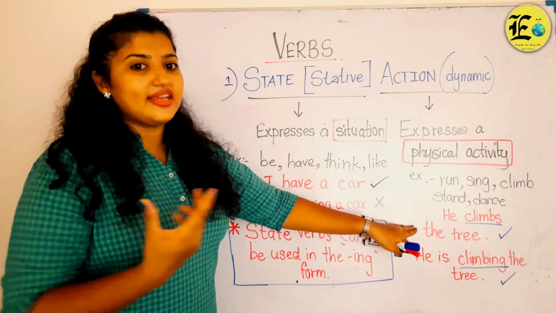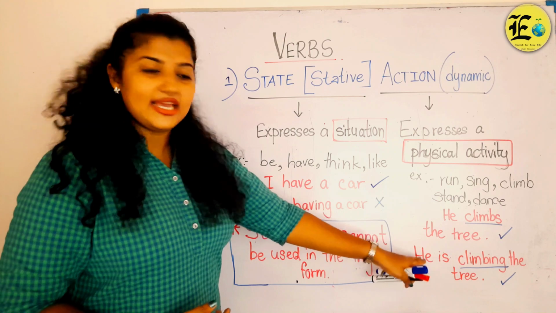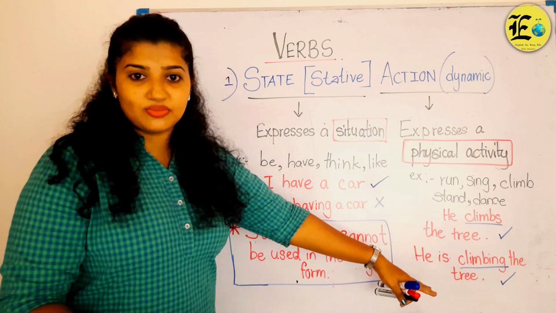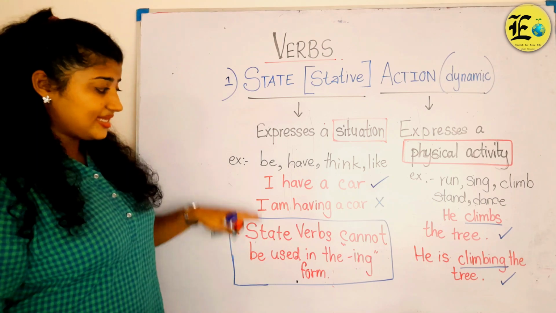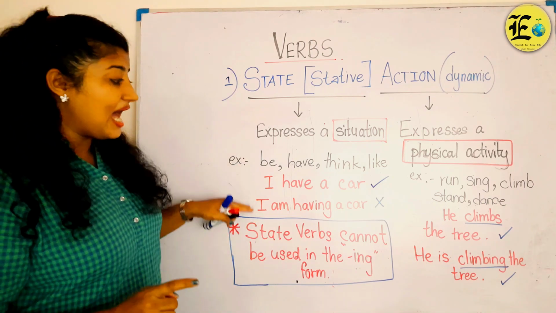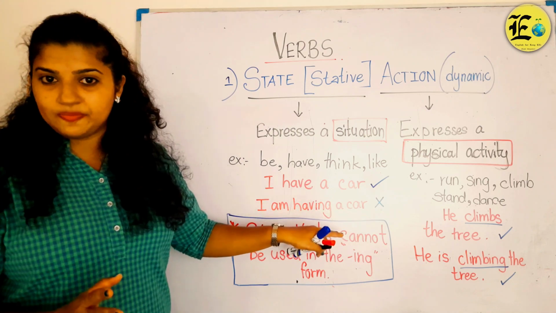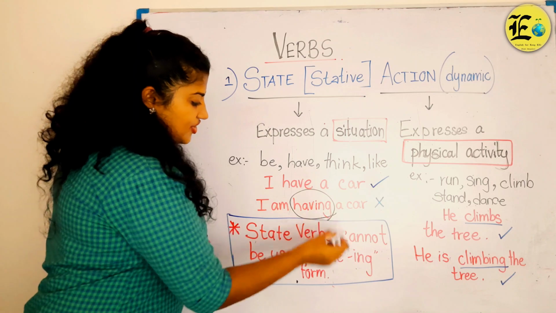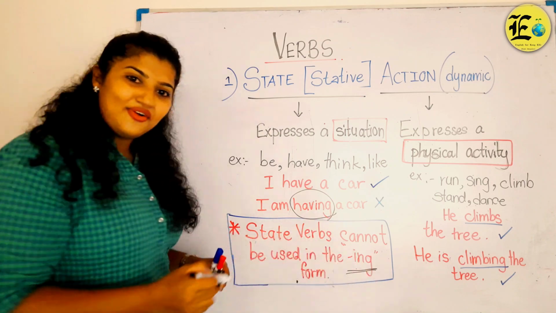By using the ing form, you can express it as he is climbing the tree because you can show the action at the moment. But here, we can say I have a car, but you cannot say I'm having a car. That's wrong because we know that stative verbs are not used in the ing form.